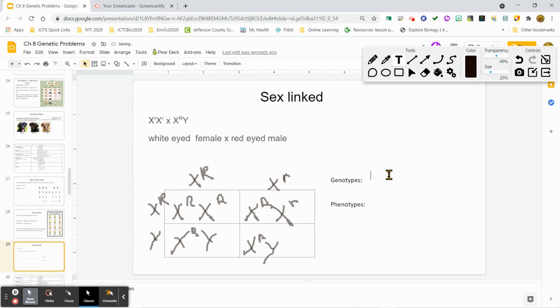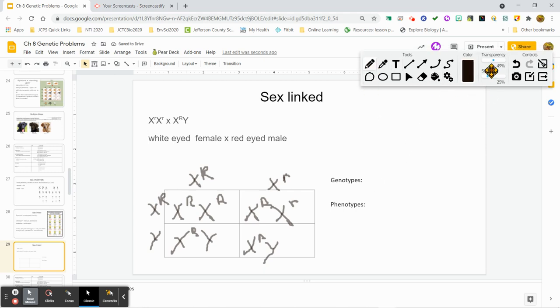I guess I'll draw it. I'll make it smaller. X big R and X big R, and that's going to be a red-eyed female. So that's going to be a red female.